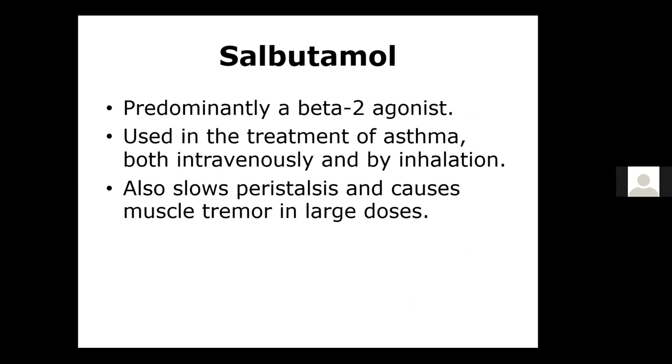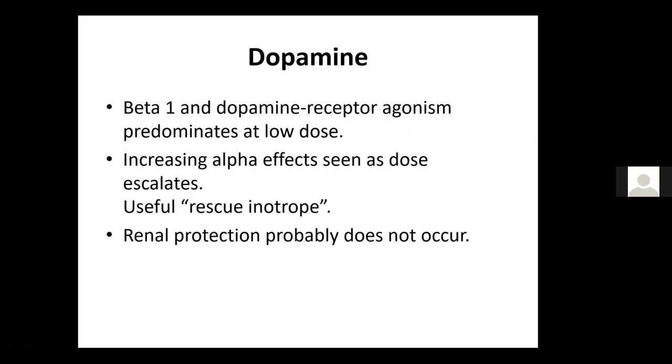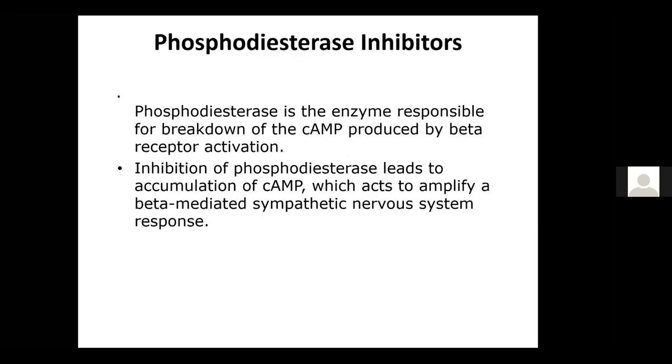You should never use it orally because the beta 2 receptors are in the bronchioles, so you can give it directly through inhalation. Giving it orally does not help, okay? I've seen it being done a lot, but it does not do much. Dopamine has beta 1 receptor, so you expect it to have an effect on the heart.